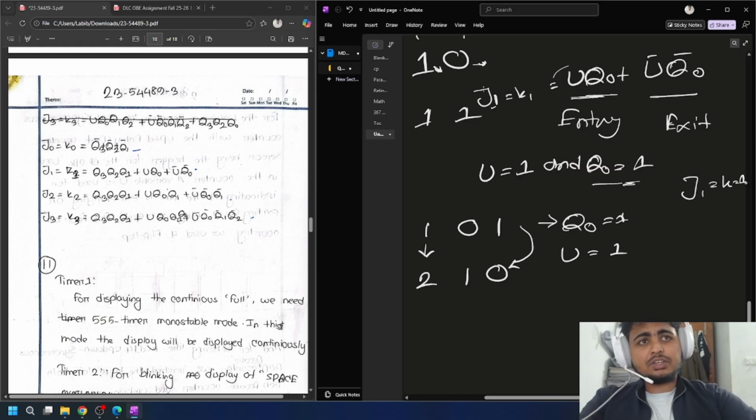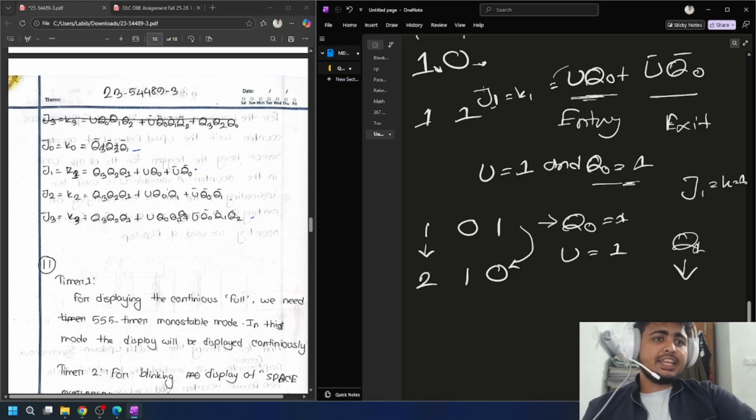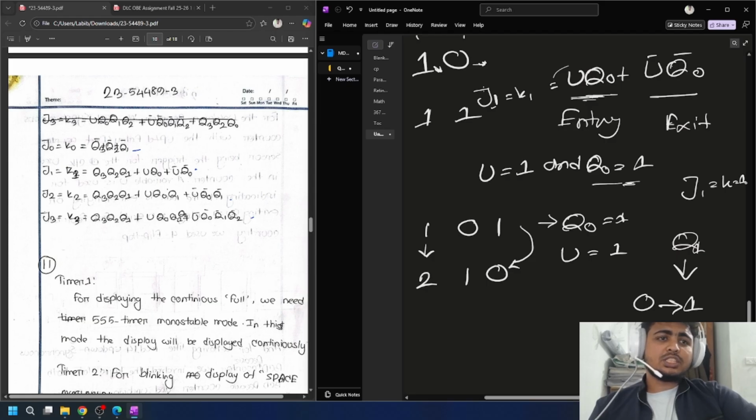It becomes 1 because the condition here is true. So when this is true, the Q1 pulse gets updated. That means if it was 0, it goes to 1, and if it was 1, it goes to 0. This is how the pulse is completed.